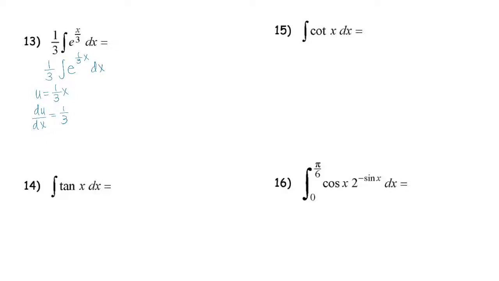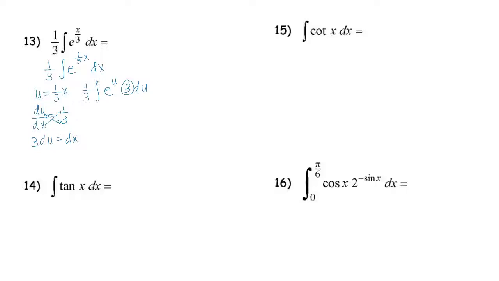And again, solving for dx, we can do our cross multiplying if you want to save yourself some steps. So 3 times du equals dx. And so when we come back up here, we do have 1/3. And then that's going to be integrating e to the u, and then dx is going to be 3 du.